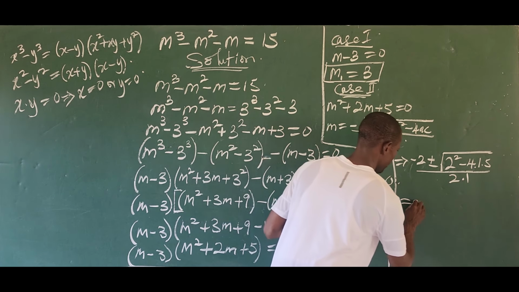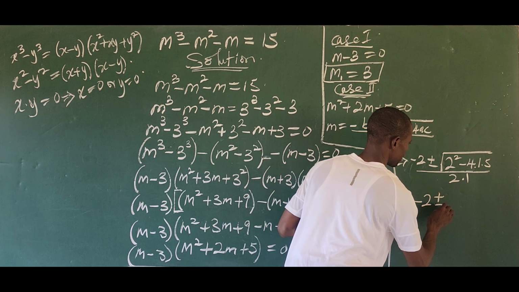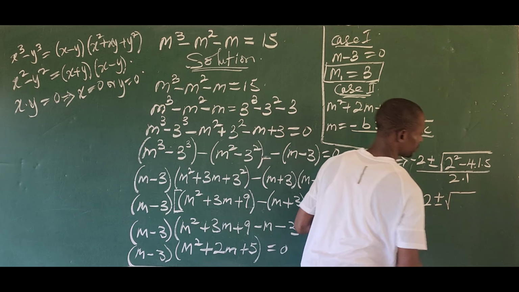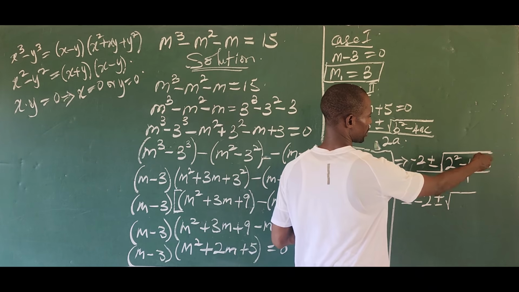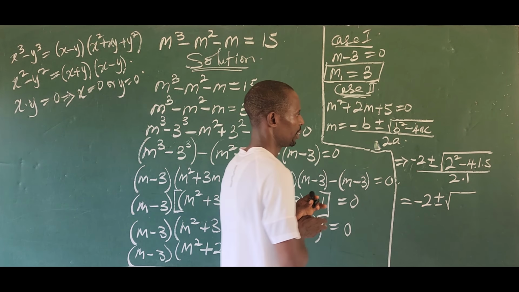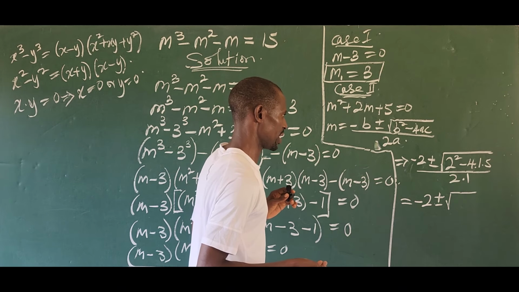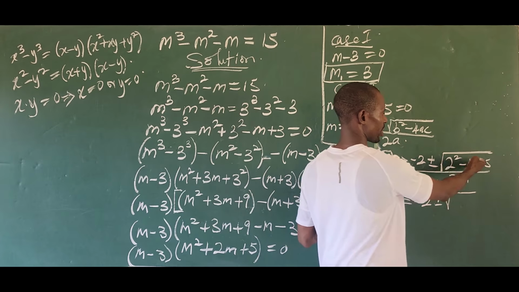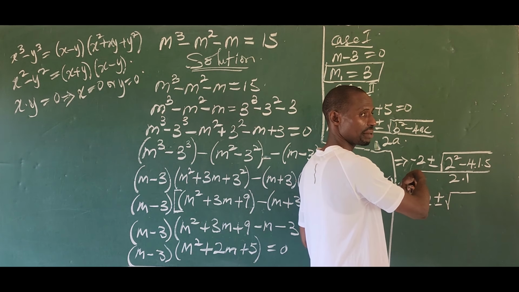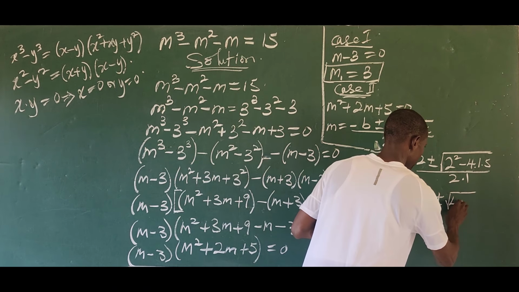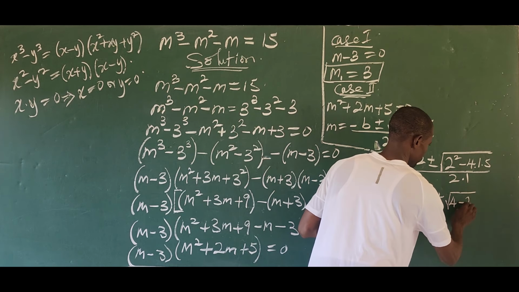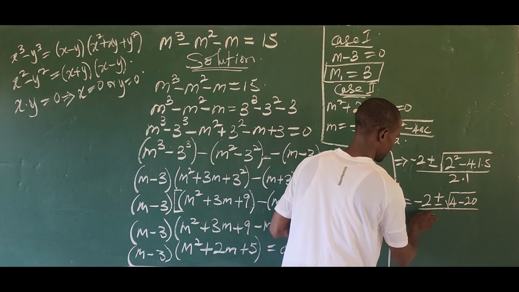So with this, we're going to have minus 2 plus or minus the square root of... we don't need to multiply this out, but if we do, it will still give us the same thing, because here we're going to have 4, so we can factor 4 out of the system. But let's just go on. This gives us 4 minus 20 all over 2.